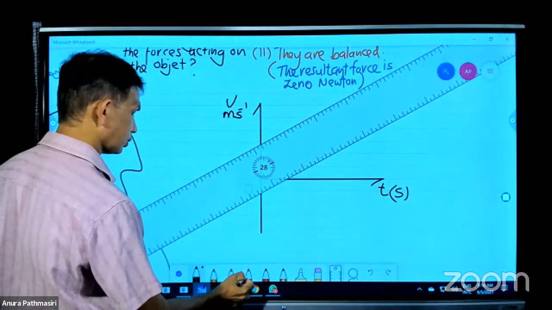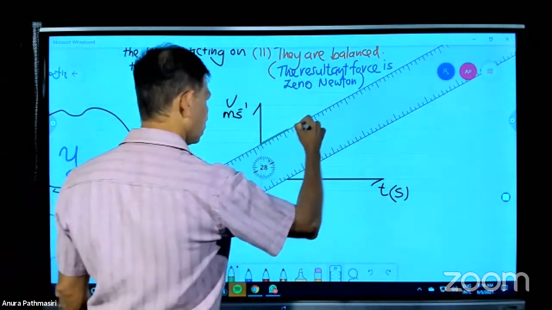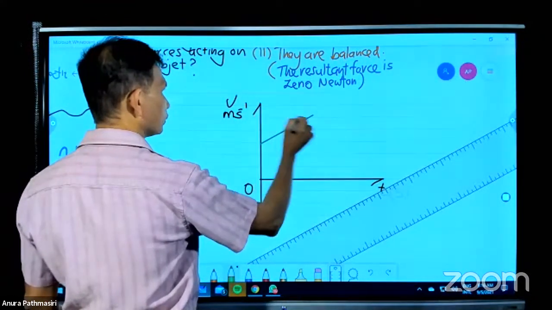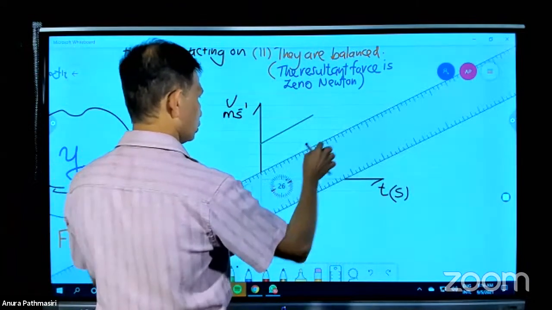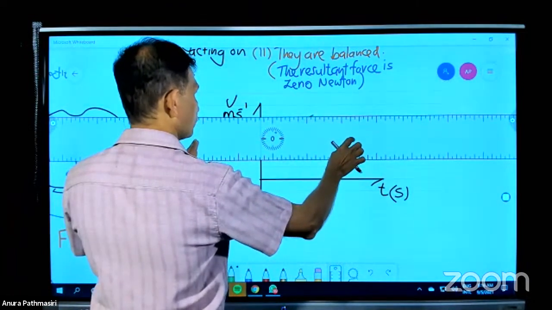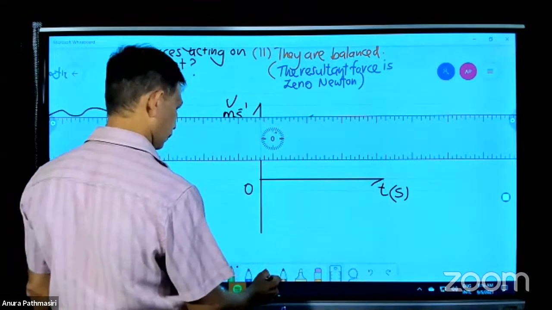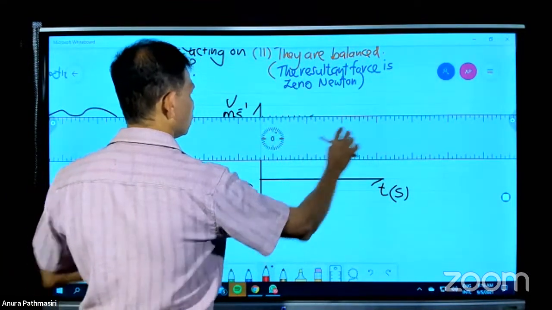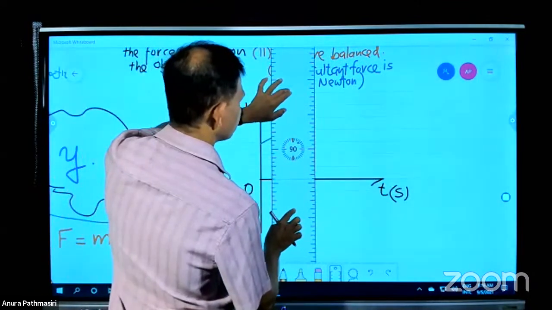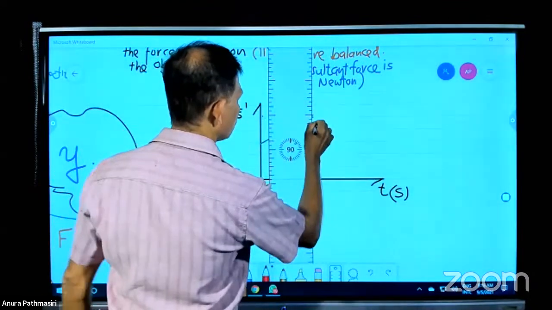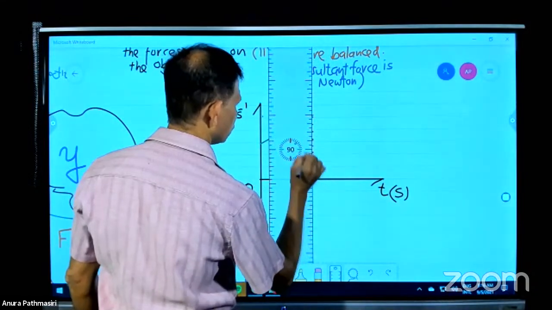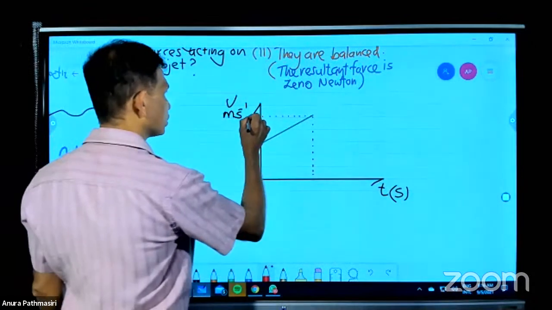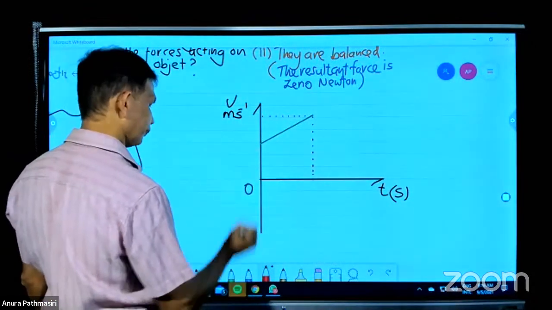There's something like this, a dot here, and then dots, dots.